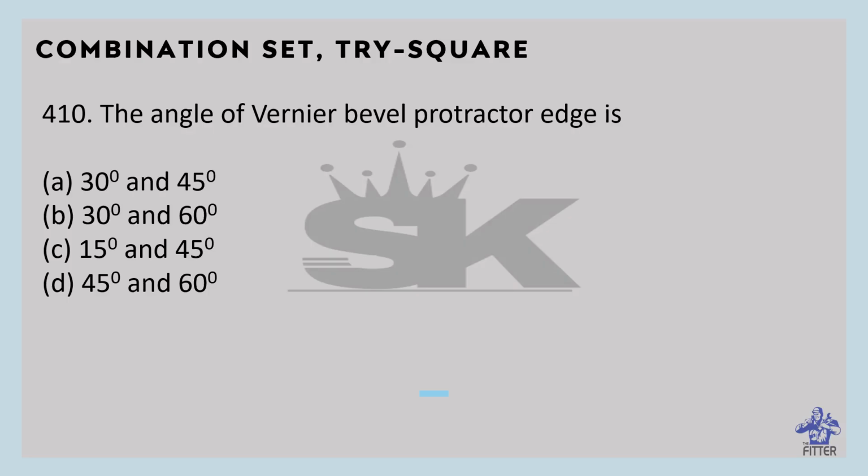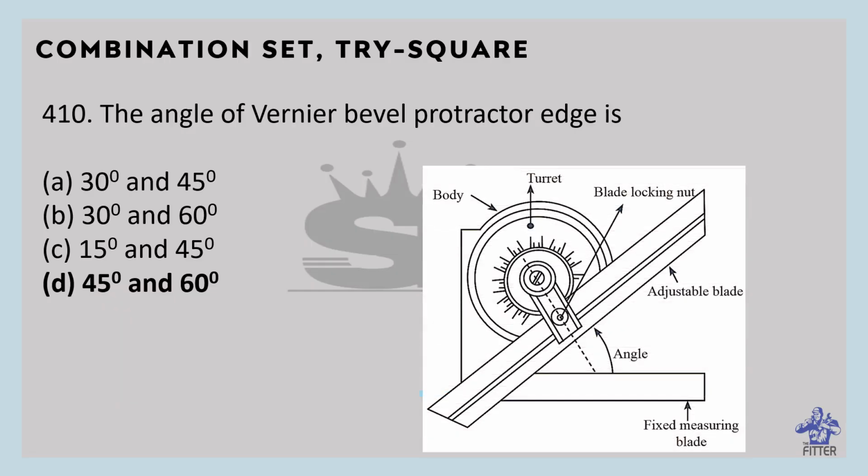The angle of the vernier bevel protractor edge is 45 degrees and 60 degrees. It is used for measuring the angle of any job. You can see here in the image. The least count of a vernier bevel protractor is 5 minutes.